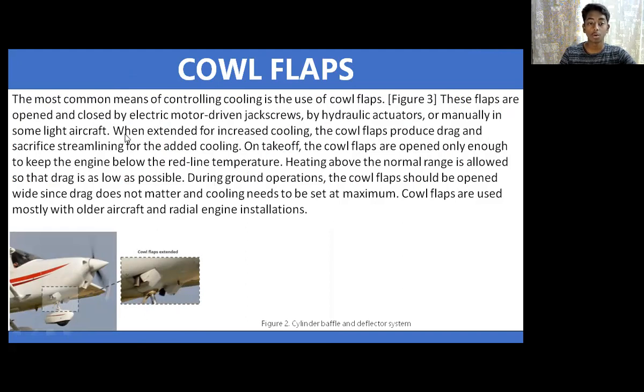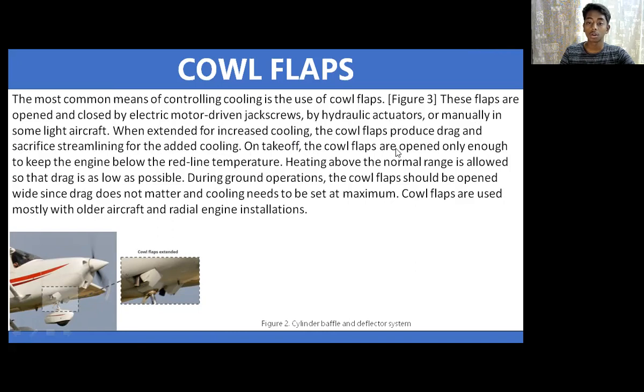These flaps are opened and closed by electric motor-driven jack screws, by hydraulic actuators, or manually in some flights. When extended for increased cooling, as we have discussed, the cowl flaps produce drag and sacrifice streamlining for the added cooling.